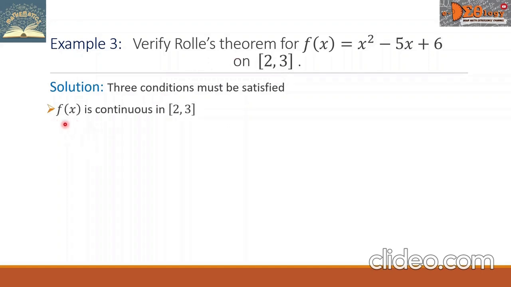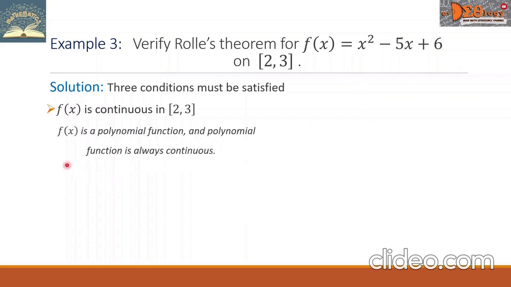Condition 1. f of x must be continuous in the closed interval from 2 to 3. And that is what we need to check. Look at our function. It is a polynomial function. So we say that f of x is a polynomial function. And polynomial function is always continuous. So, first condition is satisfied.